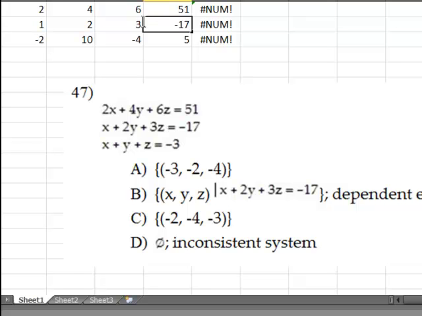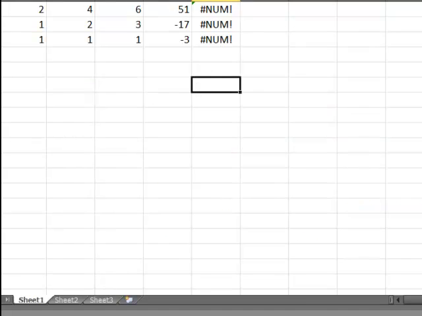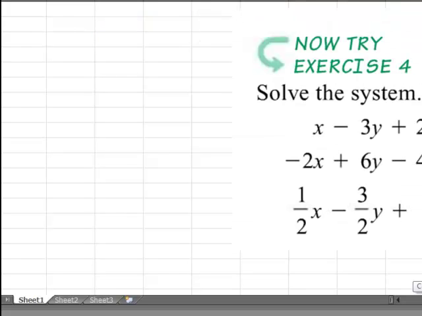And if you notice, as soon as we had 2, 4, 6 and 1, 2, 3, it was an inconsistent system. So it doesn't matter what this third one is, it's going to be inconsistent because those first two are the same. And so we would say it's an inconsistent system. There is no solution.